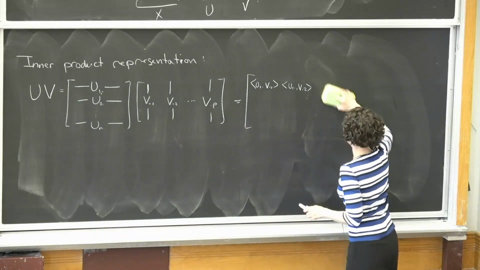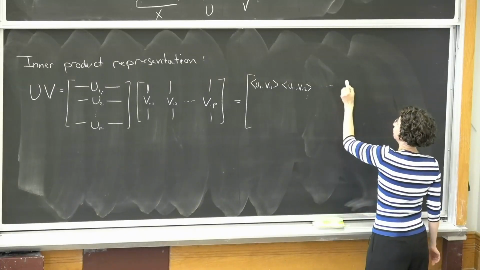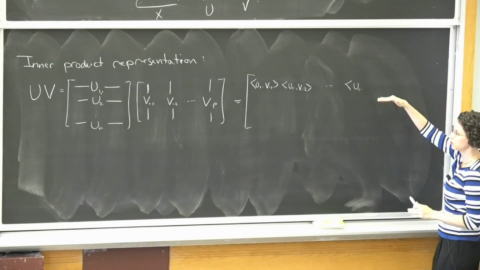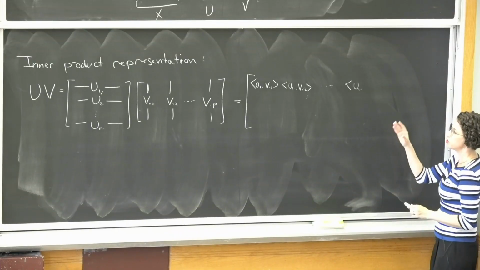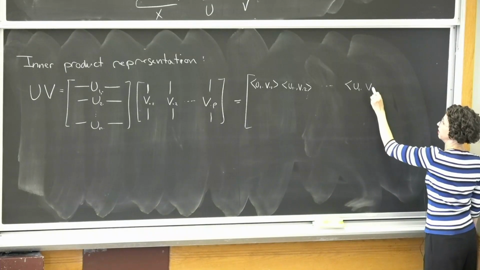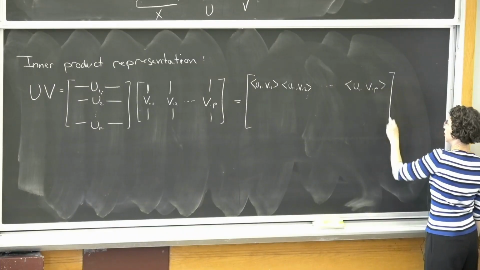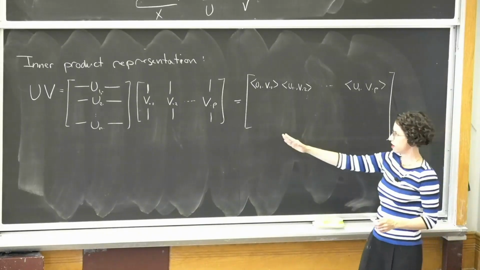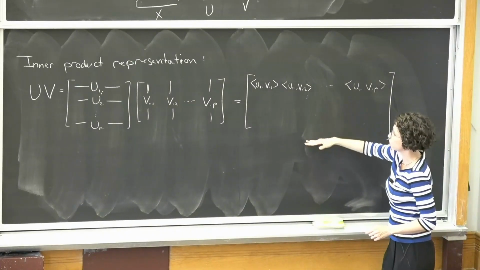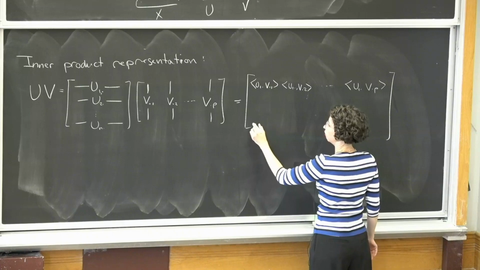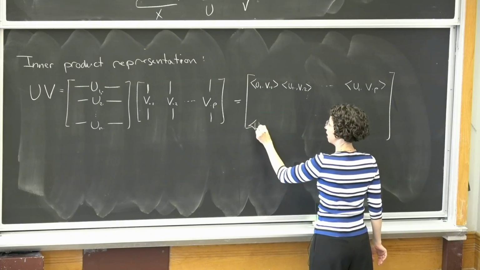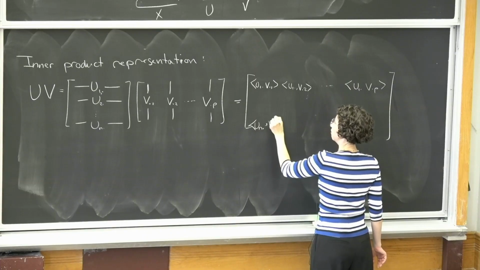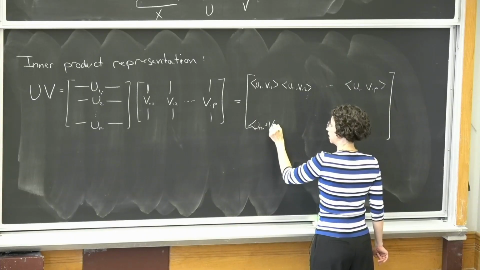And I continue this all the way out. So I just keep the top row of U fixed. I'm taking inner products of it with each individual column of V, up to V dot p. So each column here corresponds to a different column of V. And similarly, each row here is going to correspond to a different row of U. So at the bottom here, we would have Un dot, inner product with V dot 1.